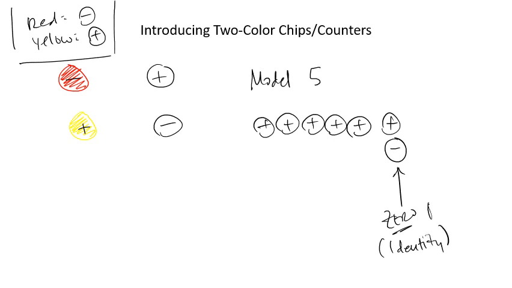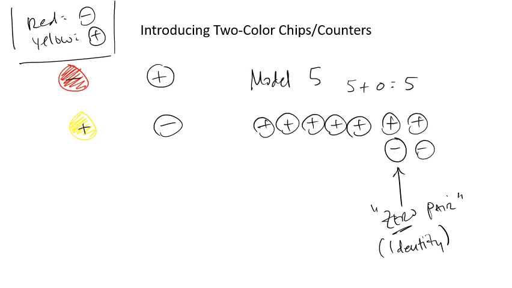I refer to this in class as a 0 pair because it's a pair of chips that add 0. So I've got 5 and this 0, which I know has the value of 5. I know adding that 0 is an identity. It doesn't change the value. And so this is still 5.